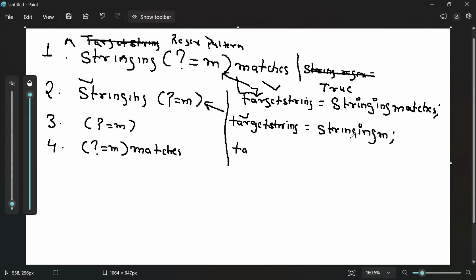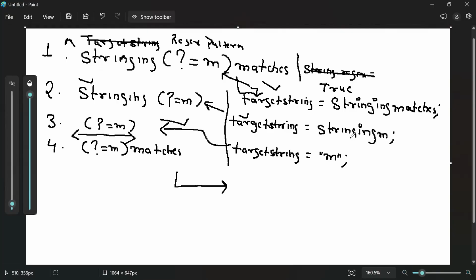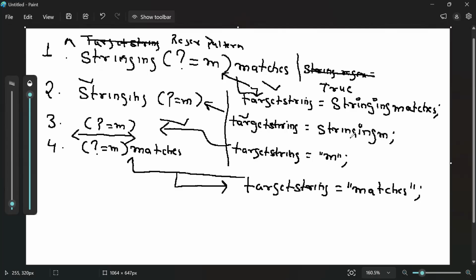And then we have another target string, that target string saying M. This is the pattern which will match this one. And then for the fourth pattern, the target string is matches, and this target string will match this pattern.